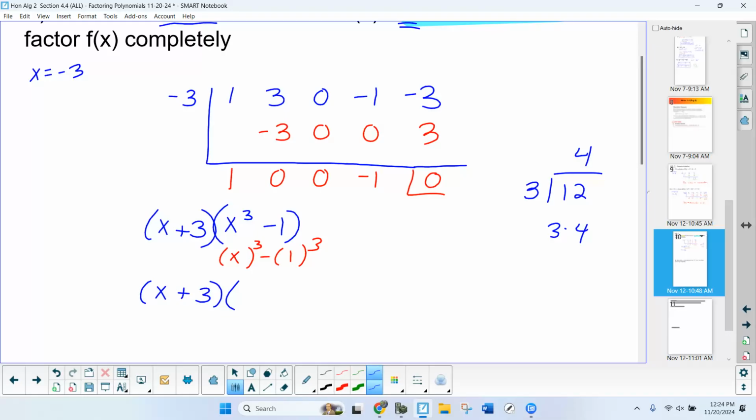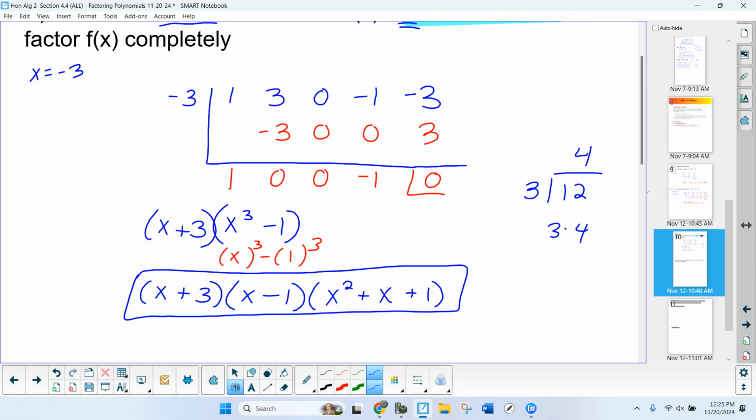So what do you guys have here? x minus 1, a minus b. Then what? x squared plus 1x plus 1. Now the 2 in the front are linear. The 1 in the back is the trinomial that was created by sum or difference of cubes, and it cannot factor. Let's try one more.